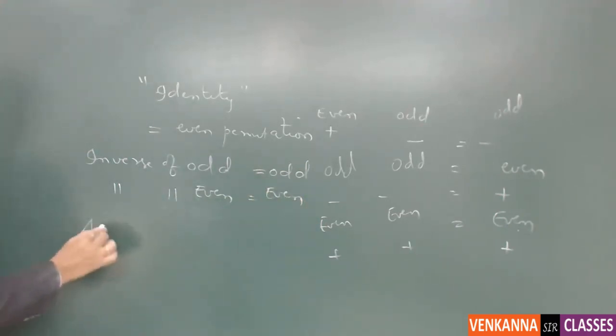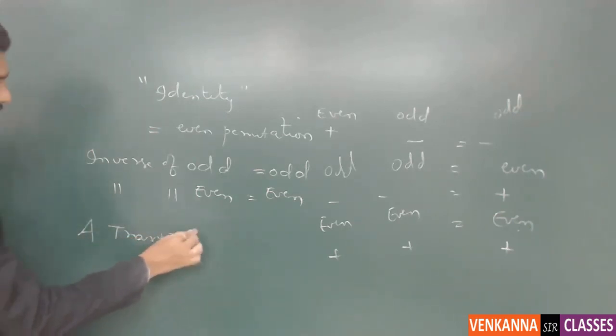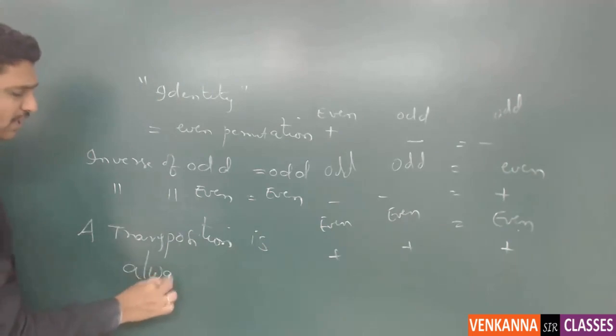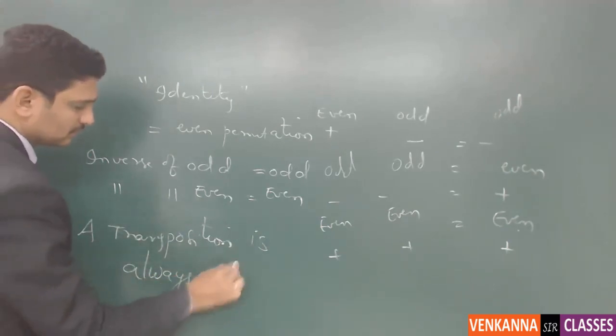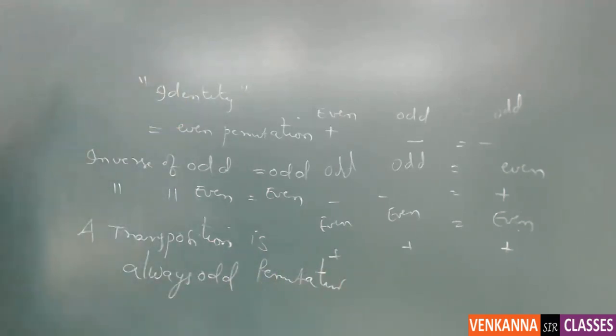And a transposition is always an odd permutation. Please take a note of them. After noting, please tell.